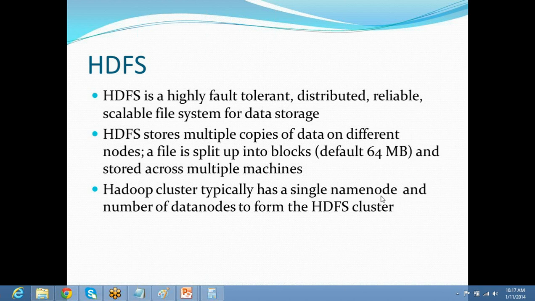So is fault tolerant in terms of machine specific or job specific or what? Actually, it's fault tolerance for its capability, meaning what exactly capability it provides. It provides the capability of storage. So storage is specific, it's fault tolerant.